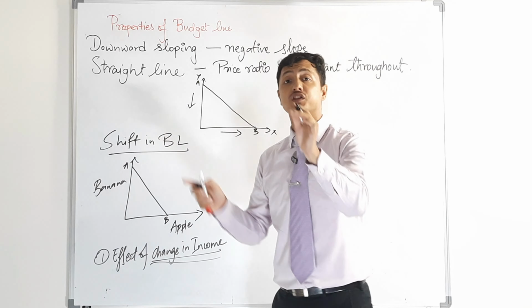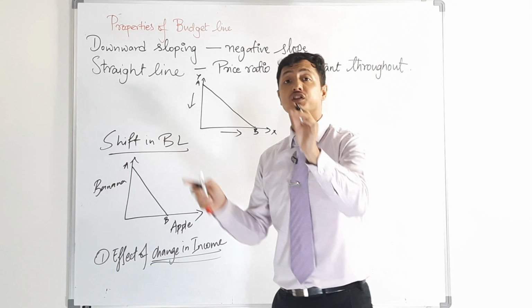BA2, okay. In a similar way, thirdly we'll see the effect of a change in the price of banana. So again, this is the budget line BA. Banana is on the y-axis, apple is on the x-axis.